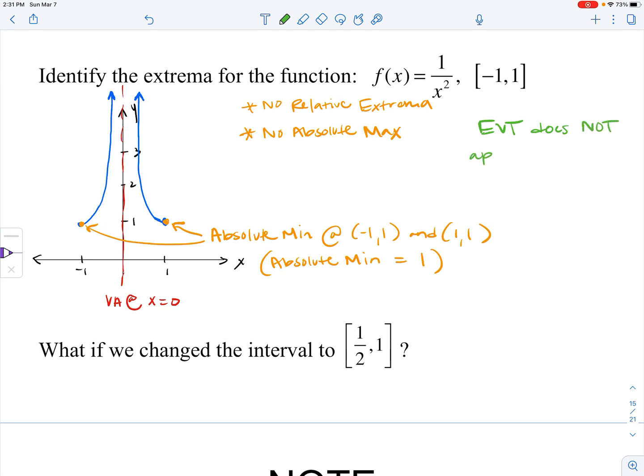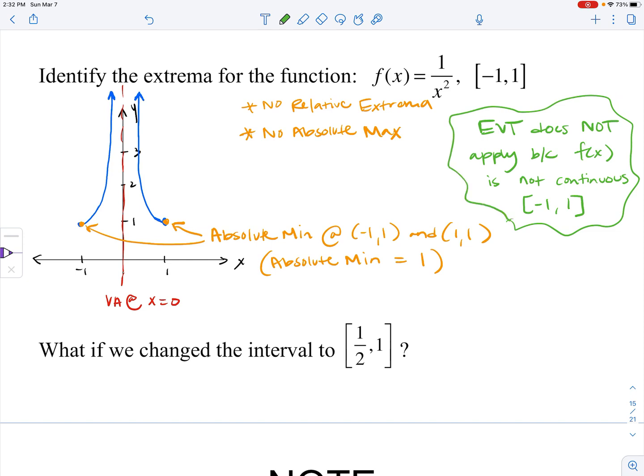EVT, which is extreme value theorem, does not apply because f of x is not continuous from -1 to 1.